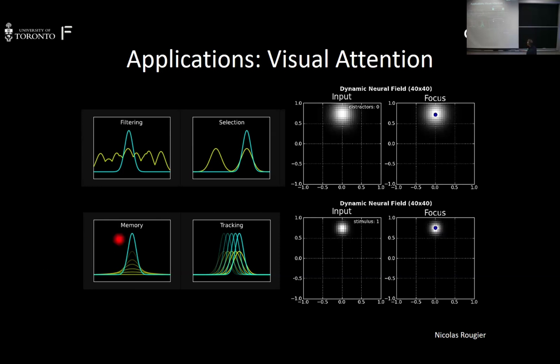This organization, a stable patch of neurons retaining its activity level and not dissipating over time, is thought of as a memory function. So that's memory.